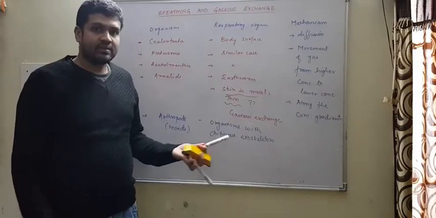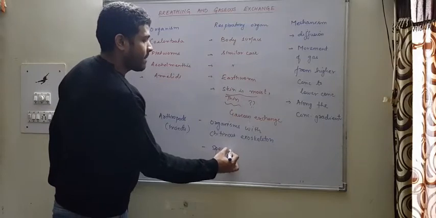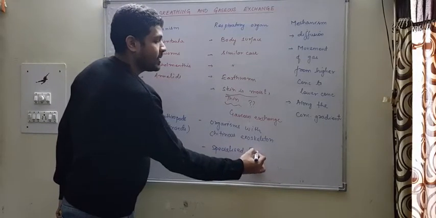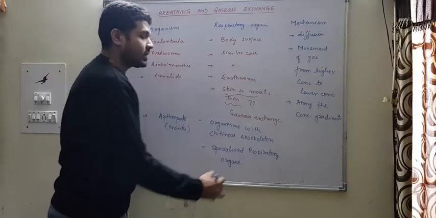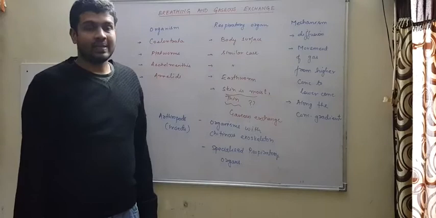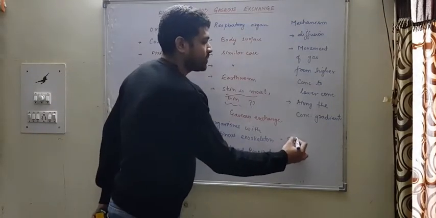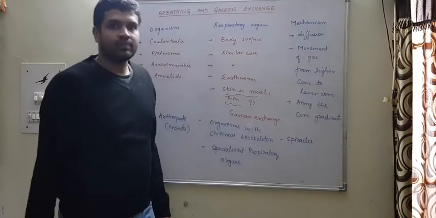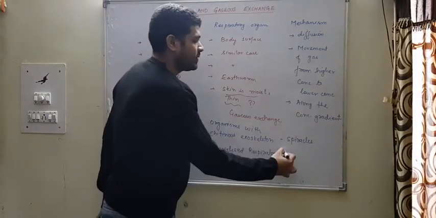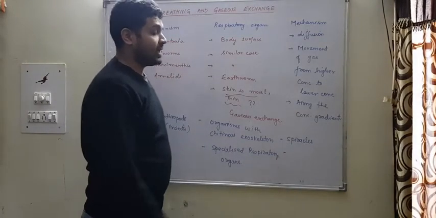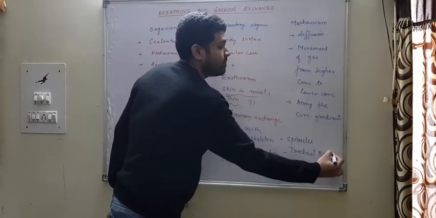So these are the organisms in which specialized respiratory organs are seen. Like you might have studied about spiracles in cockroach, in 10th class I think, or we have tracheal respiration in them.